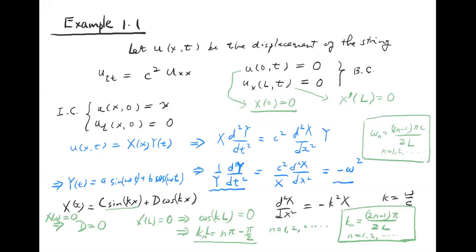Okay, so then we know that we find all these normal modes and then we just add them up. Therefore, u(x,t) is a linear combination of all these normal modes.